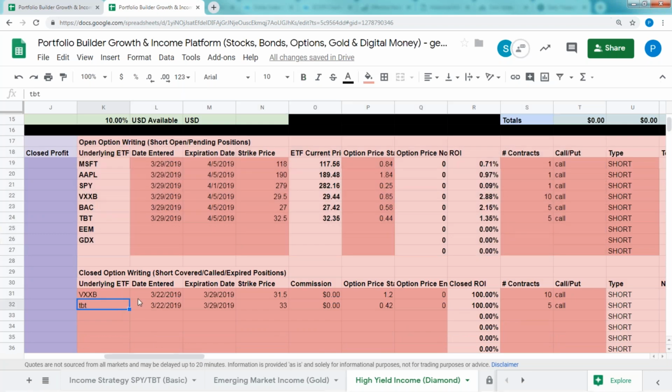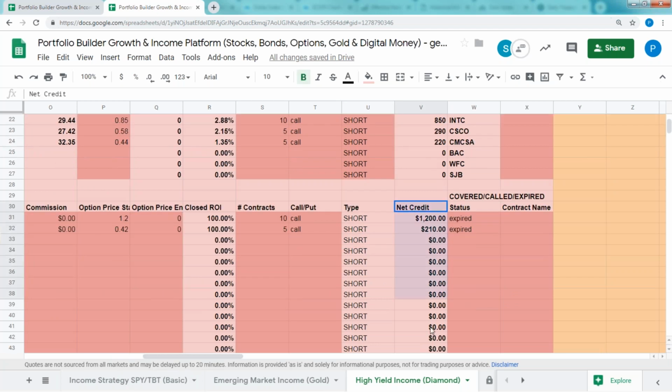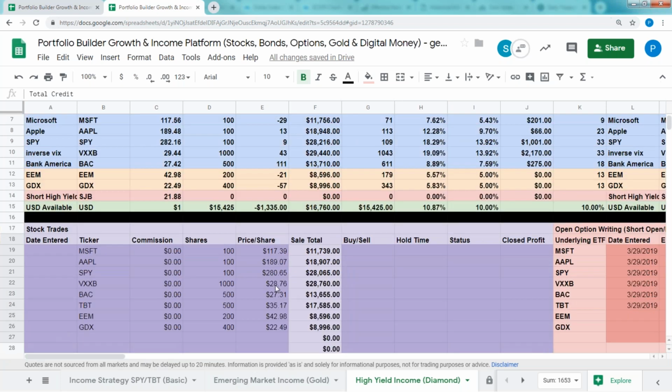Nope. So software, number one, it scans the tickers. In this area, the only thing our calculator does is look at the net credit here, which can be positive or negative, and it looks at the credit you have in an open position, and it counts that as part of your profit loss.